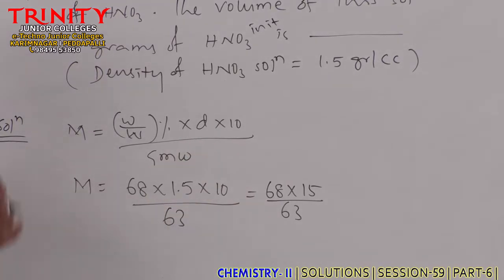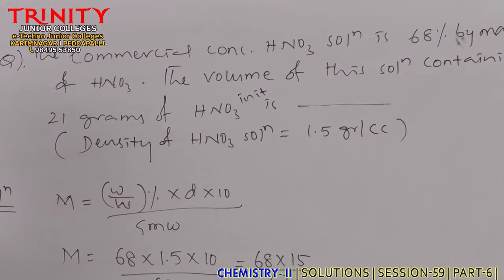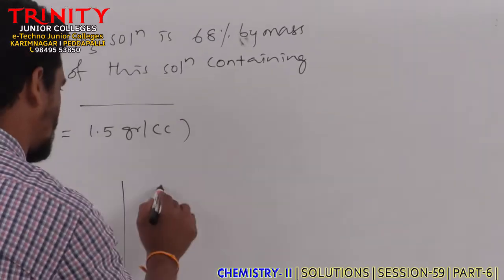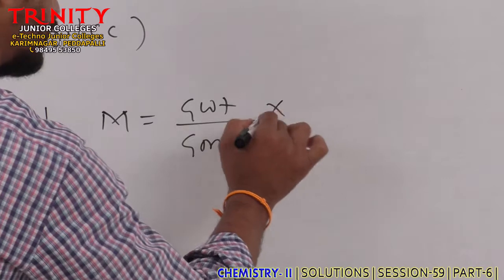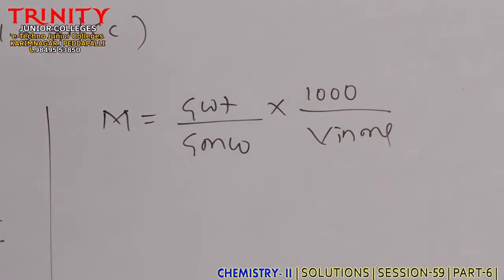Next, what are you asked to find? Volume of solution containing 21 grams of HNO3. Is it clear? Molarity equals gram weight of solute by gram molecular weight of solute into 1000 by V in ml, the volume of solution in milliliters.